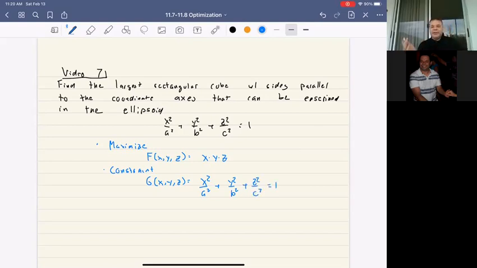Okay, now one of the things that is sort of a strength of mathematics is we try to make our problem easier if we can. So let's look at an easier version of this problem first.